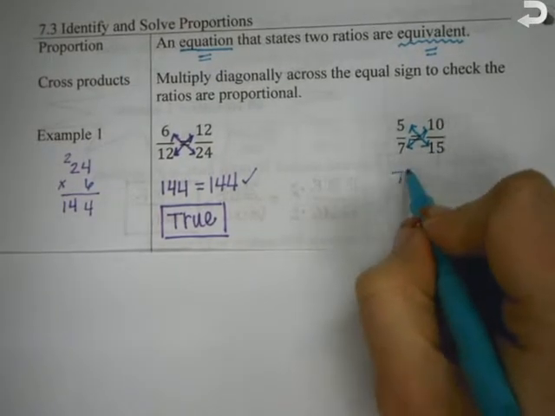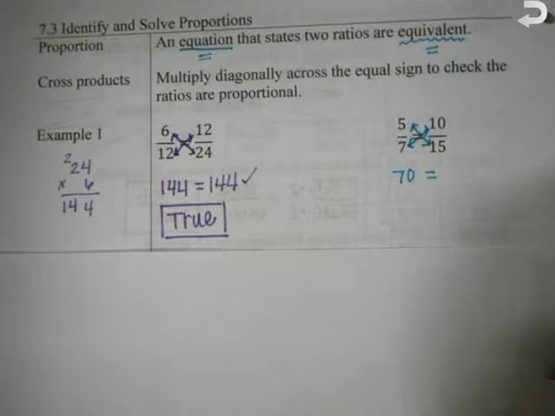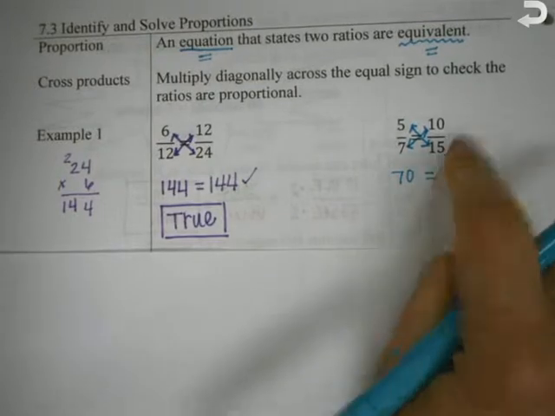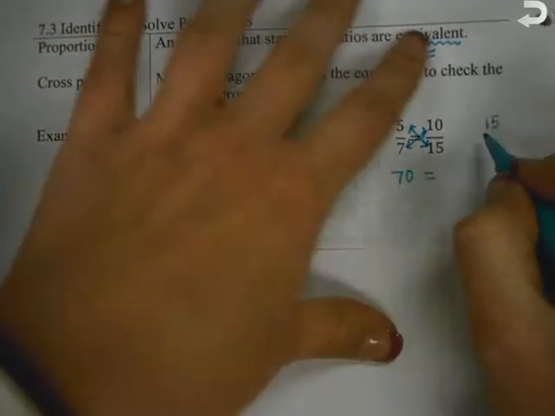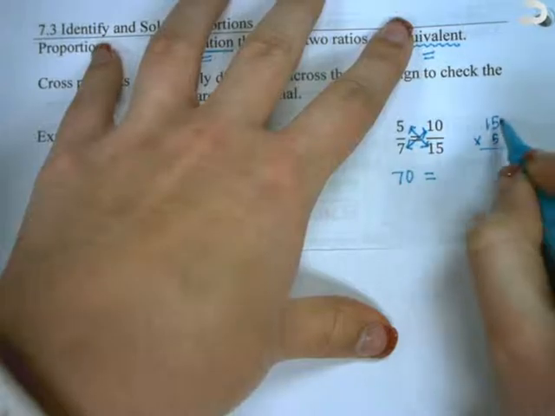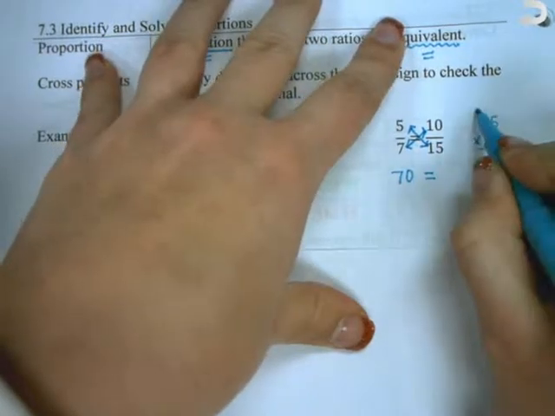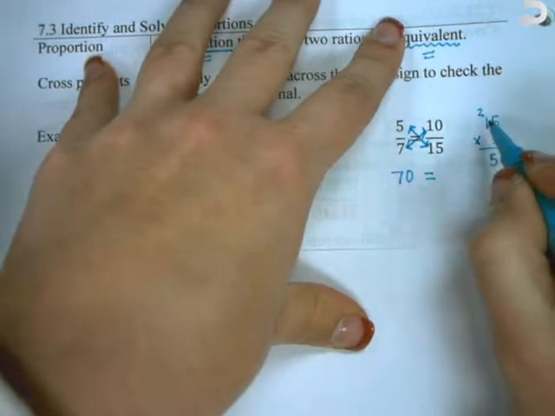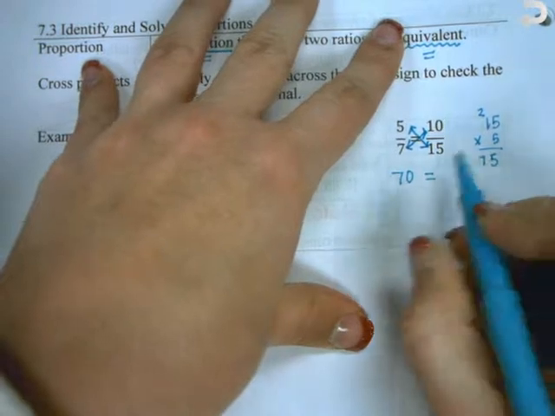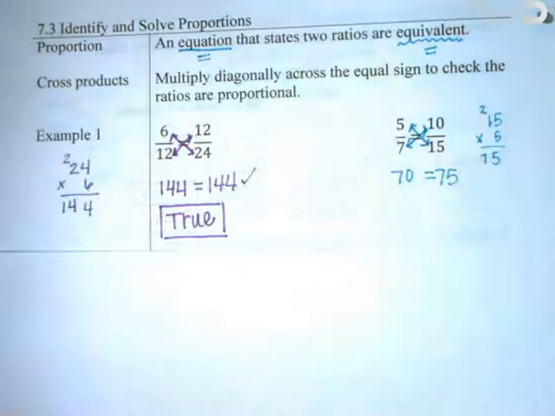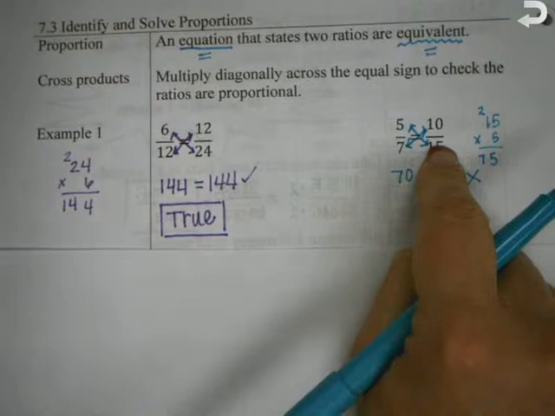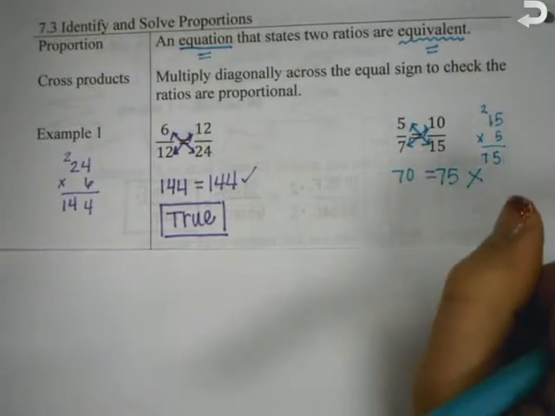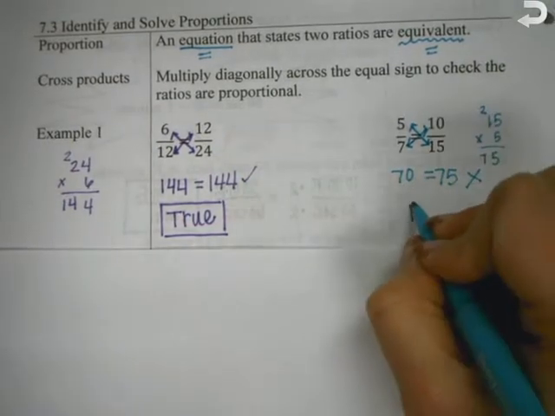Equals 5 times 15. Okay, 15 times 5. 5 times 5 gives me 25. 5 times 1 gives me 5, plus 2 is 75. Is that a true statement? No. So these two ratios, are they proportional? No. So our answer is false.